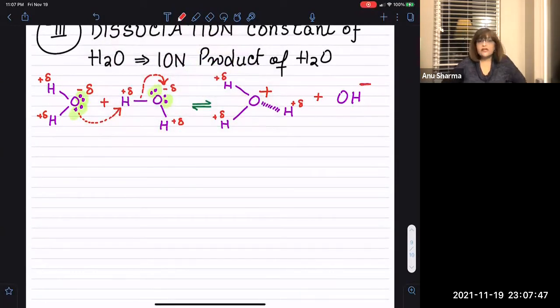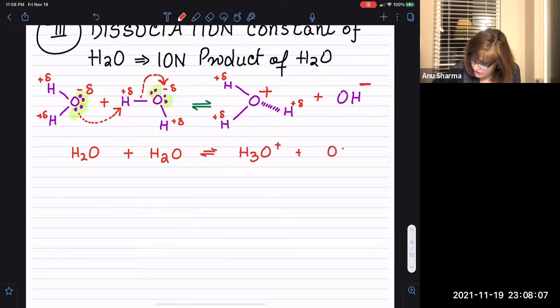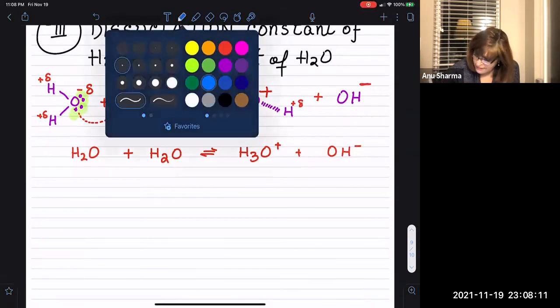In reality the negative charge is on oxygen, because oxygen is electronegative, but we show it like OH. So in other words, you have H2O plus H2O giving you H3O plus and OH minus.